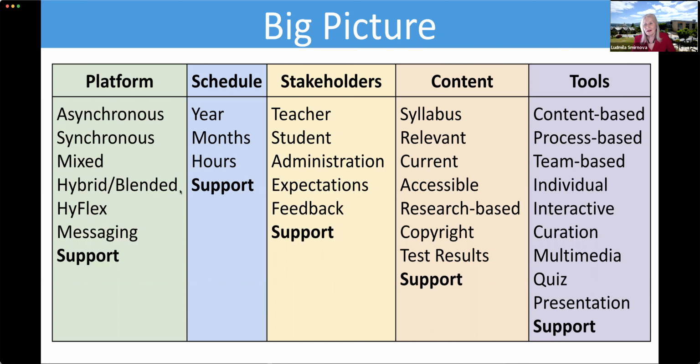As far as the tools are concerned, the tools that we use to evaluate are content-based, process-based, team-based, individual or interactive.